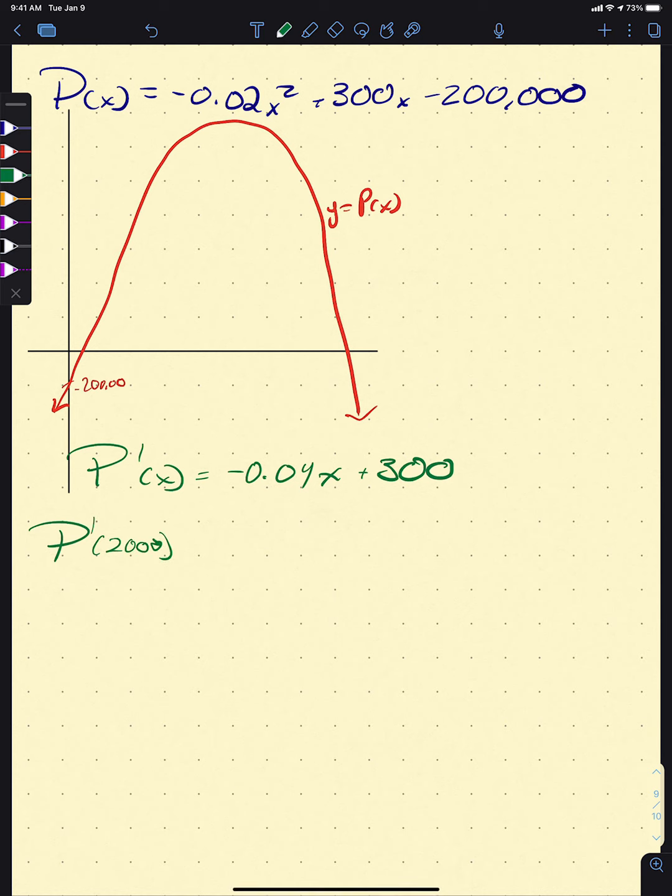We plugged in 2000 and when you run the math through, you get about 220. And so what that tells us again is that assuming you've sold 2,000 of them, then if you were to sell the 2,001st, you make about $220 profit. It's pretty good, depending on obviously how often these sales are happening.